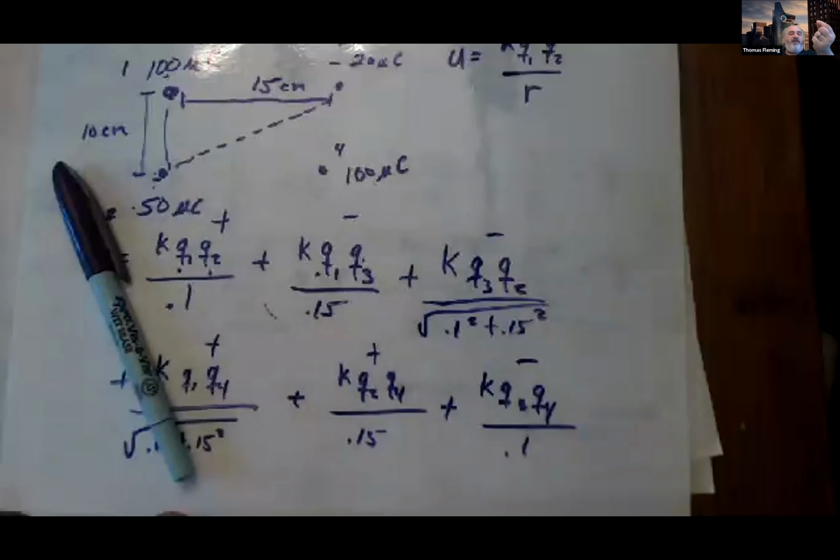Compare that to a positive charge and a negative charge. Well, if I'm bringing a positive charge and a negative charge together, I don't have to fight them because they want to come together on their own. In fact, I have to actually pull to hold them apart. If I let go, they're going to go stick together.